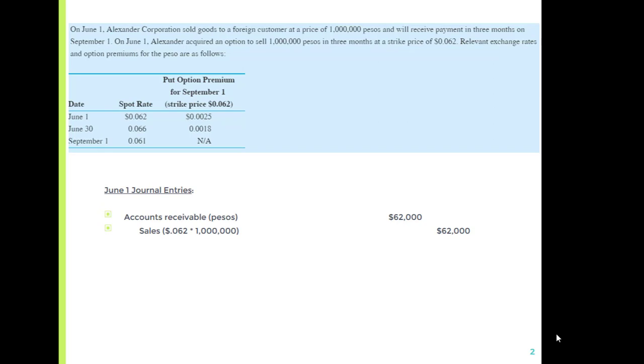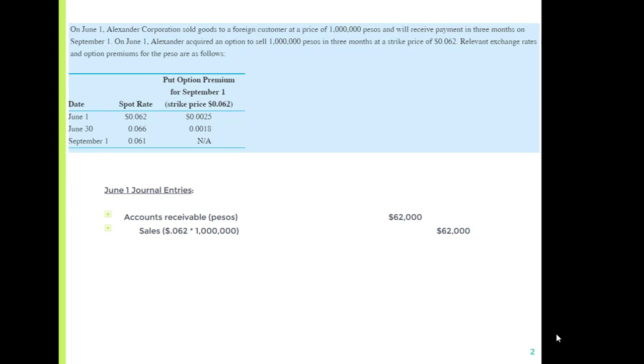So the notional amount of 1 million pesos is going to be multiplied by the spot rate of $0.062 per peso to get the amounts for the first part of the journal entry, the recording of sales revenue and the corresponding creation via debit entry of the account receivable of $62,000.